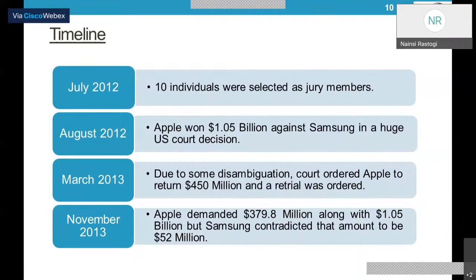Further, Apple demanded $379 million from Samsung, along with the $1 billion, but Samsung contradicted the amount to be 52 million. They negotiated further, and internal rounds of discussion were there for negotiating the costs, because both the companies were in conflict.